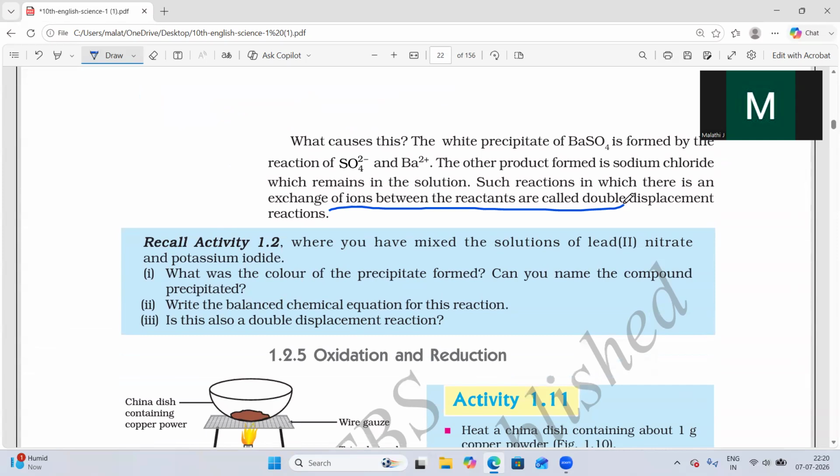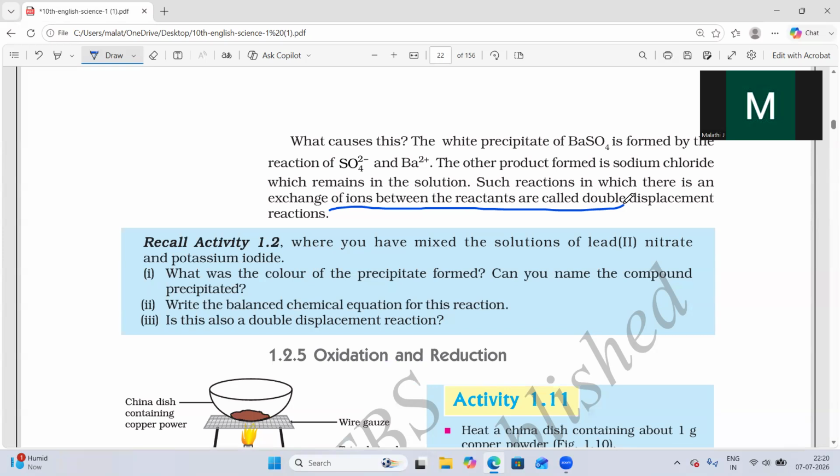Before this, we talked about combination reaction and decomposition reaction. In a decomposition reaction, one reactant gets broken down into many products, or in a combination reaction, two or more reactants combine to form a single product.